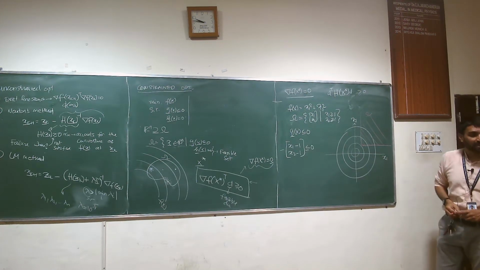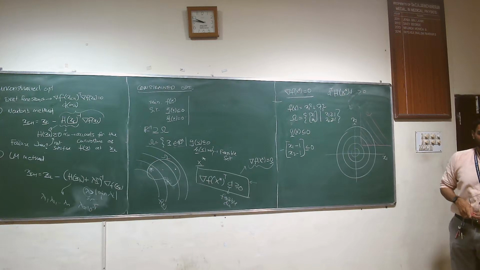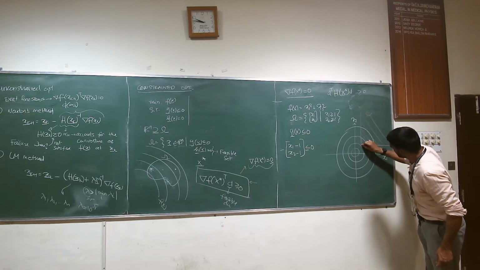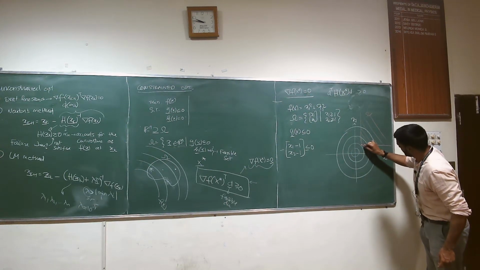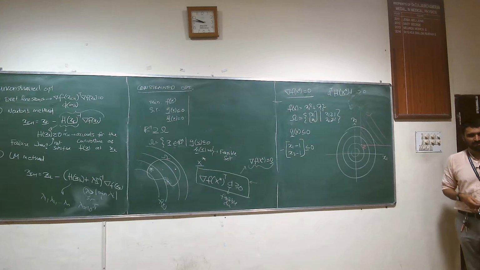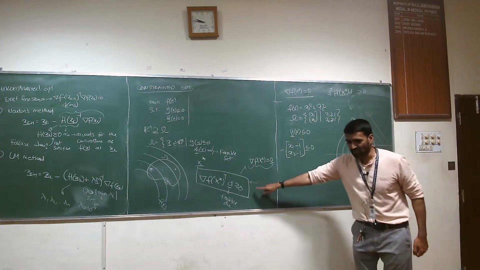Now, how do we show that? Your hypothesis is that this is a minimum point. Let's say this is your x star. How would you verify that? Well, you need to verify this condition to see if it's satisfied.